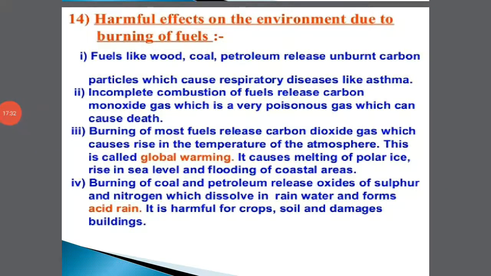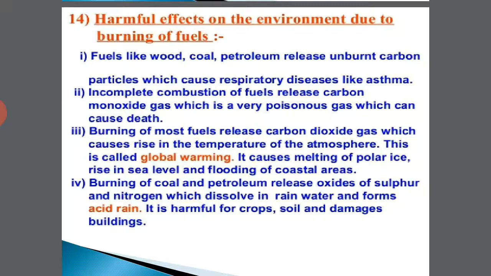Now, the harmful effects on the environment due to burning of fuel. Fuels like wood, coal, petroleum release unburned carbon particles which cause respiratory diseases like asthma. Second, incomplete combustion of fuel releases carbon monoxide gas, which is a very poisonous gas, which can cause death also.